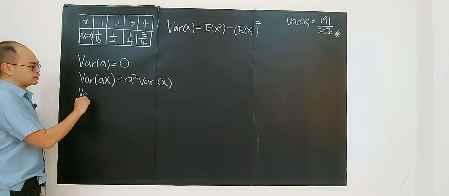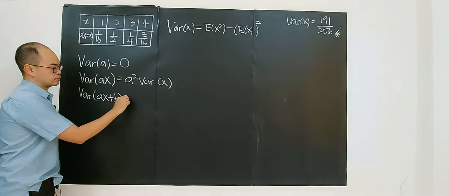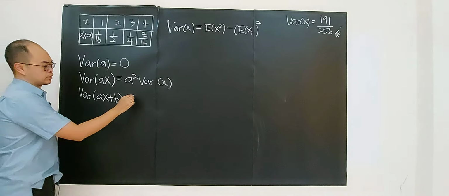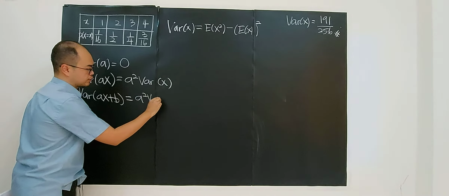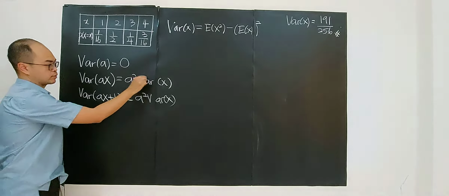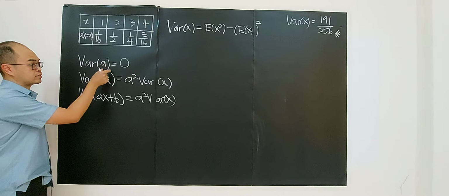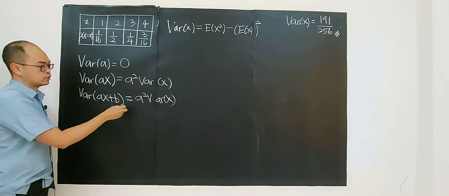The variance of ax plus b is a squared variance of x, plus the variance of b, which is a constant, so you get 0.